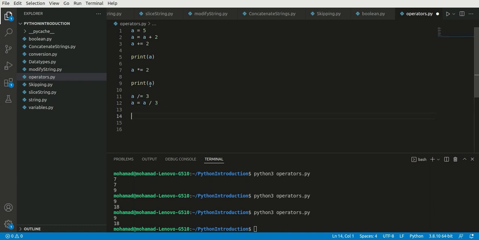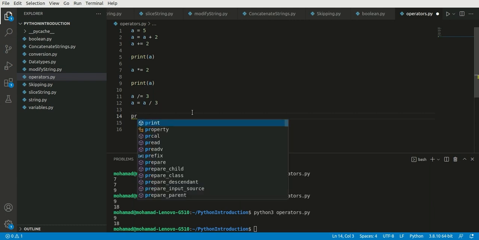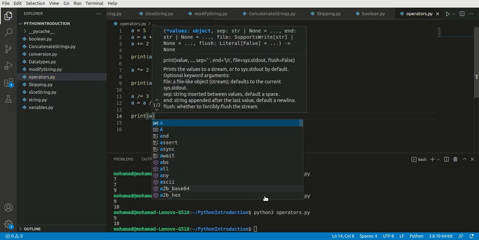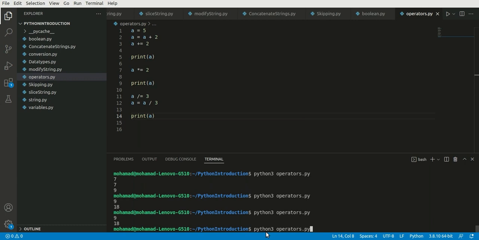So we had 18 here. 18 divided by 3 is 6, and 6 divided by 3 is 2. So let's print A here and see the result if it's going to be 2.